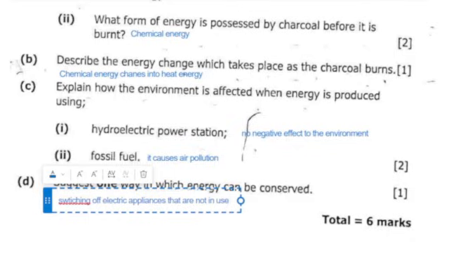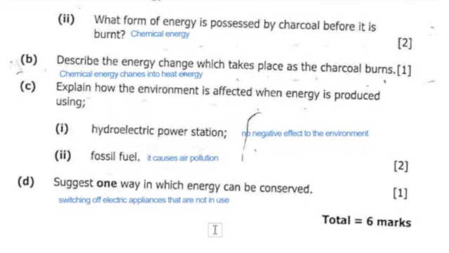So you make sure that you switch off the appliances that are not in use. You make sure you don't leave anything on that you're not using. So if you're not using the room, you switch off the bulb so that you save energy.